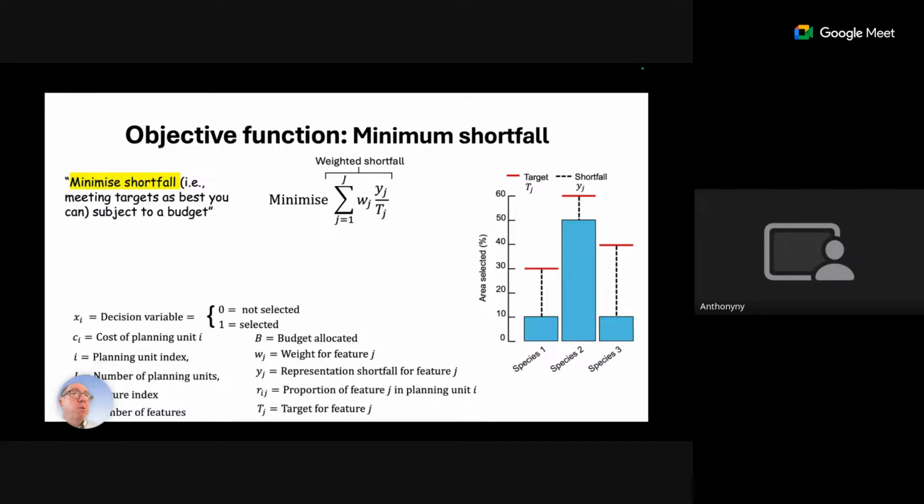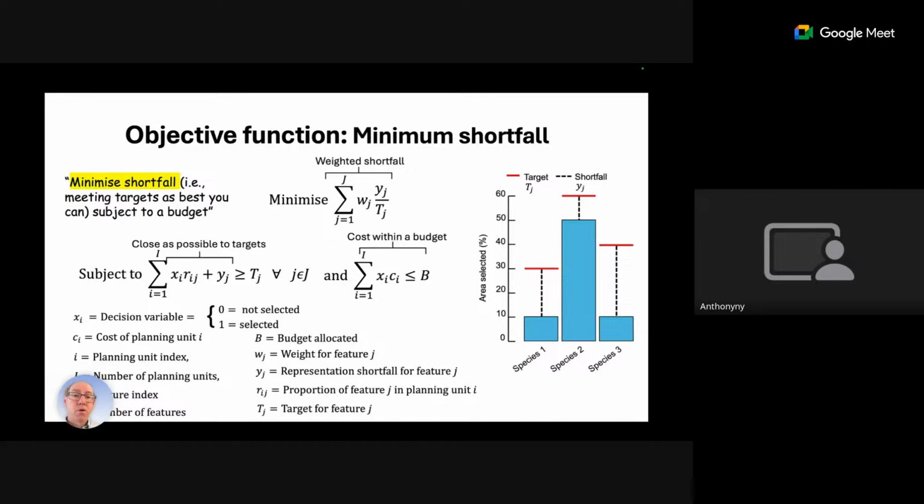So this is subject to the constraint of the total cost being within a budget. So this is more like, if your mother asks you to go down to the grocery store and says, all right, these are all the items on my list, think about minimizing cost, and you need to get all those items, and then how much does it cost? Here it's about, all right, I'm going to give you $20. This is my list of things. Try and get as many of those items as you can and try and meet all your targets.